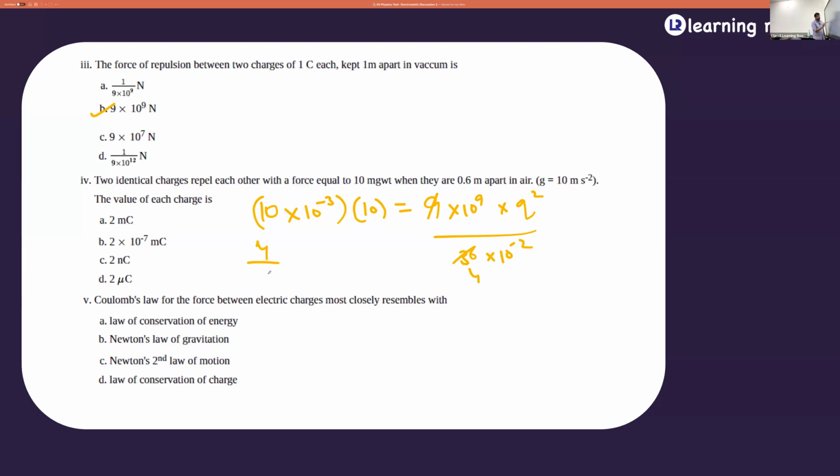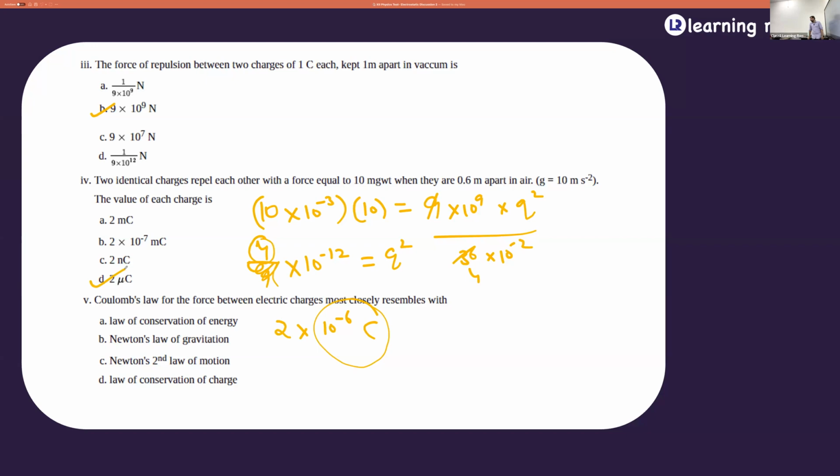So you will get 4 divided by 9 into 10 power minus 12 is equal to Q square. Did I miss something? Oh, 9 is gone. It is only 4 into 10 power minus 12 is equal to Q square. If you take the square root on both sides, square root of 4 is 2. Square root of 10 power minus 12 is 10 power minus 6 coulomb. So this is microcoulomb. Answer is 2 micro.